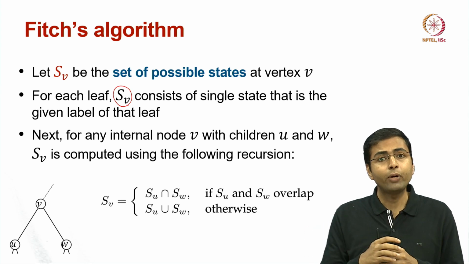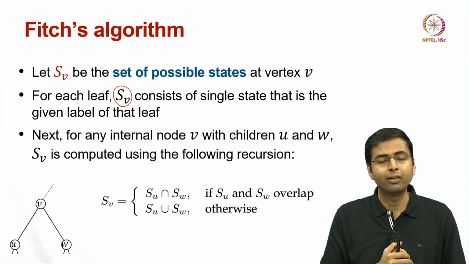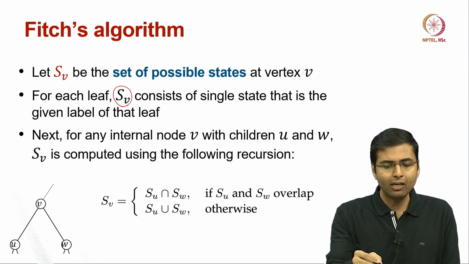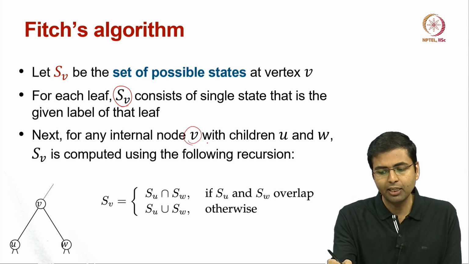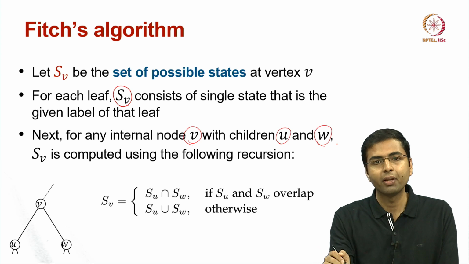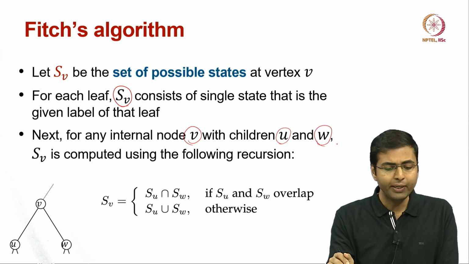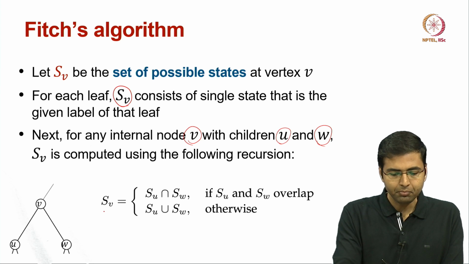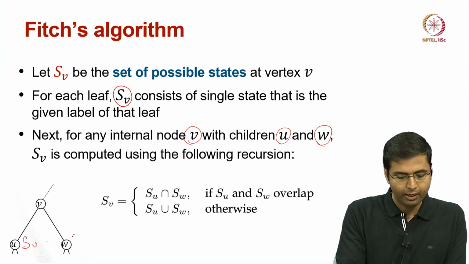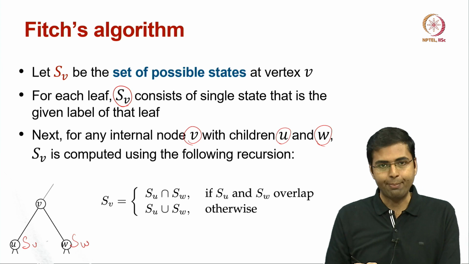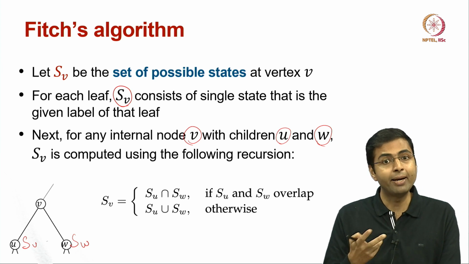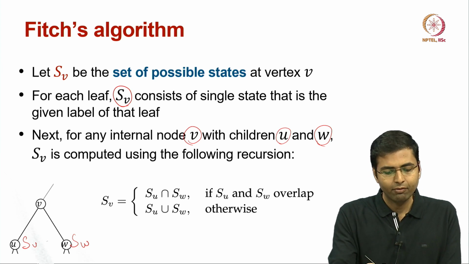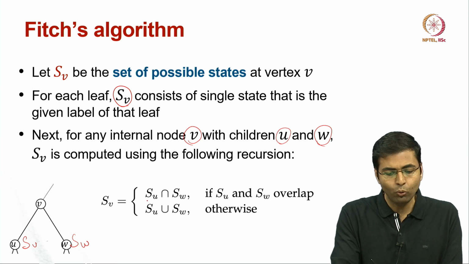Now as we look at the internal node, suppose the internal node V has children U and W. Then S_V can be computed using the following recursion. If S_U and S_W overlap, that is, they have a common element, then we will say that S_V is equal to S_U intersection S_W.